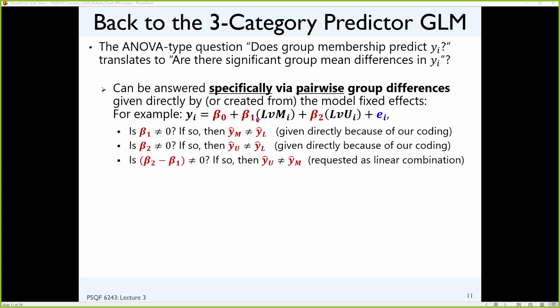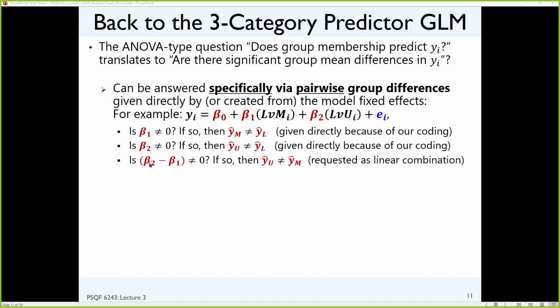Well, I can figure out for each pair of groups what happened. For this type of model, if beta 1 is significantly different than 0, then that means the mean for low is different than the mean for middle, because that's how I created this variable. And if beta 2 is significantly different than 0, then that means that upper differs from low.